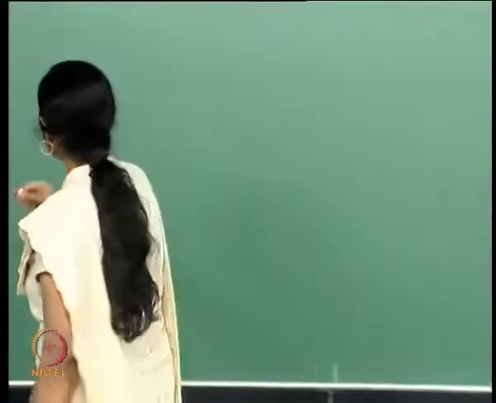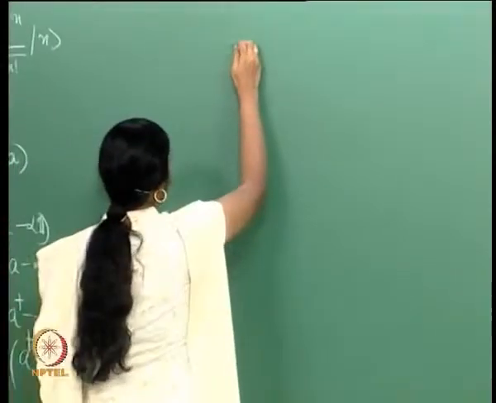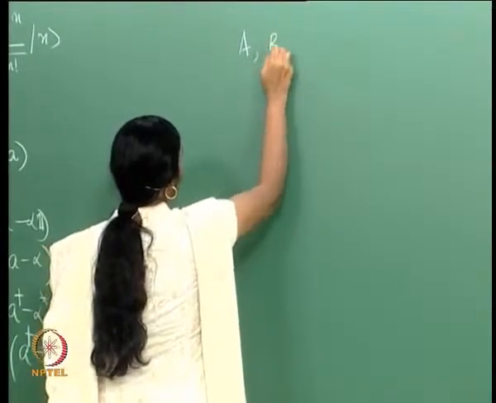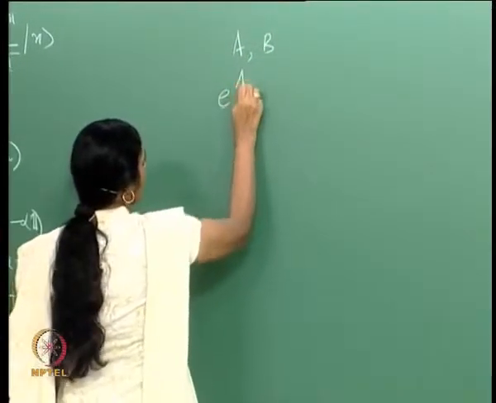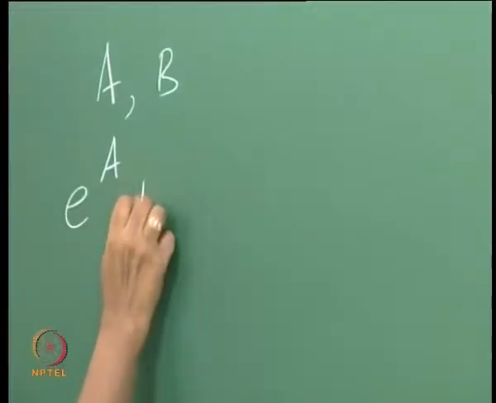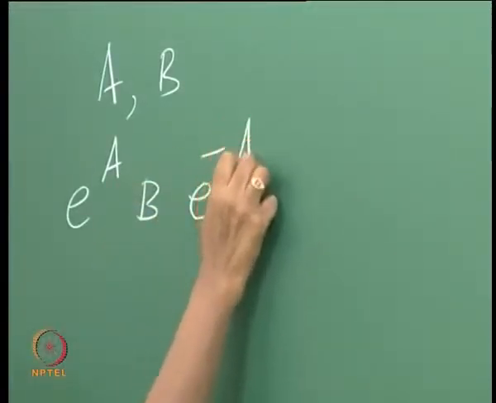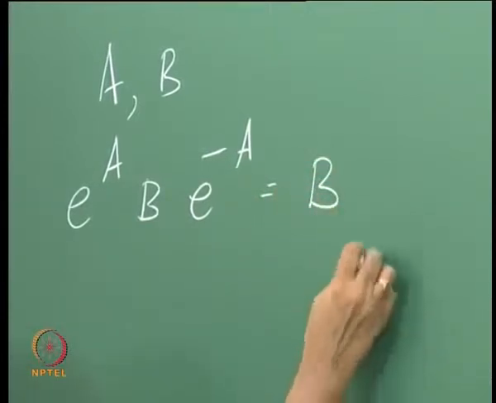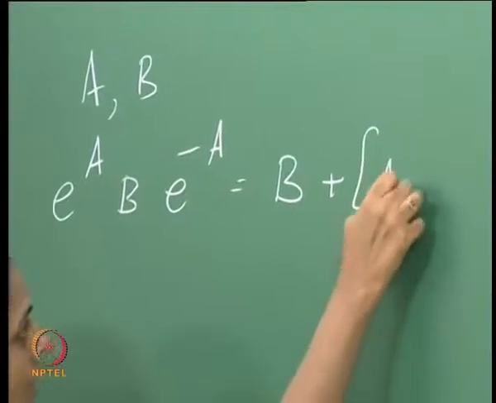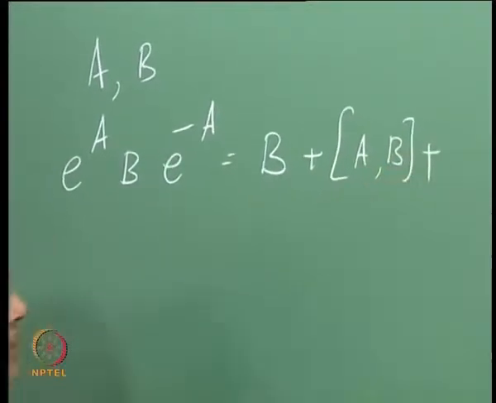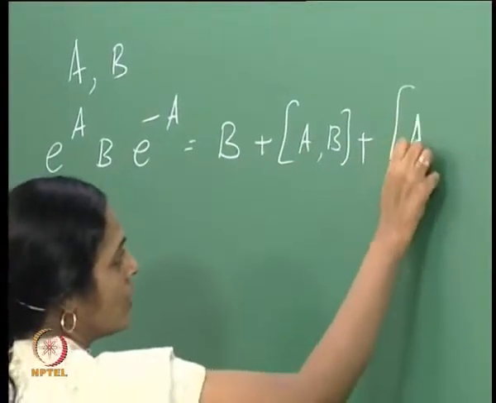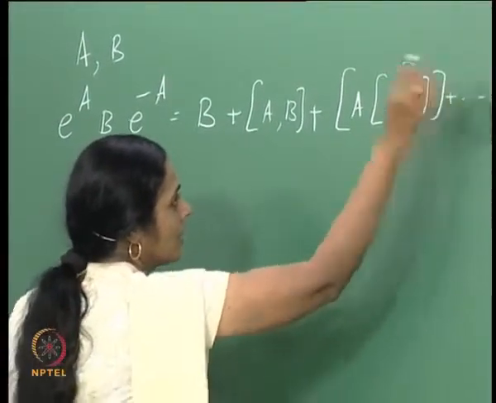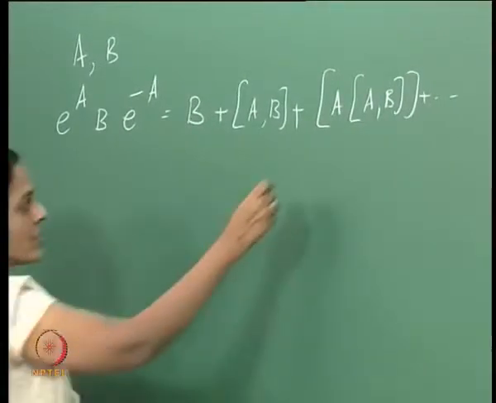It says if you have an operator A and an operator B, then e to the A B e to the minus A is simply B plus the commutator of A with B plus the commutator of A with the commutator of A with B by 2 factorial.